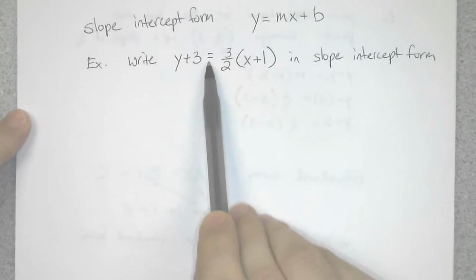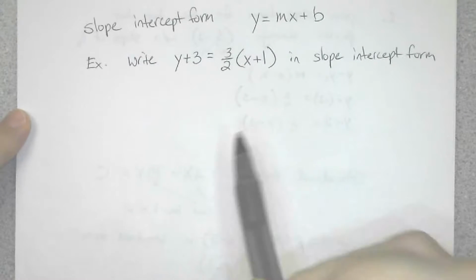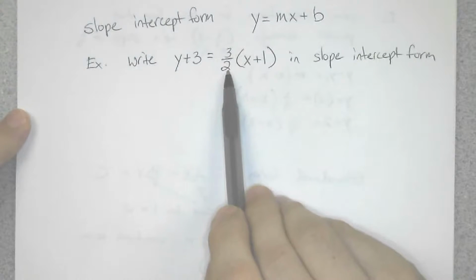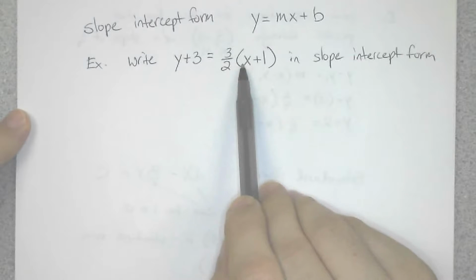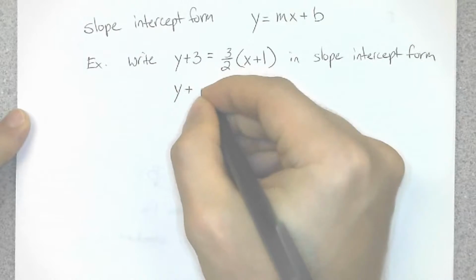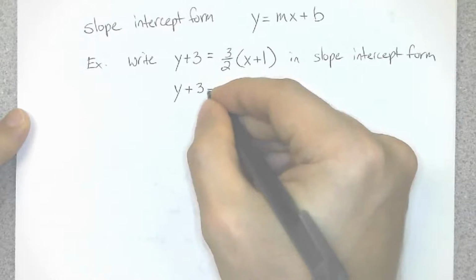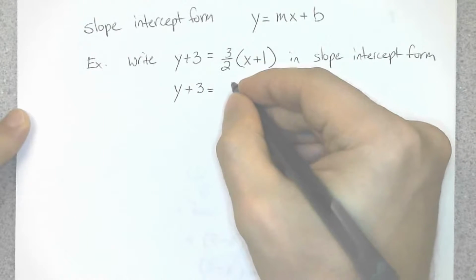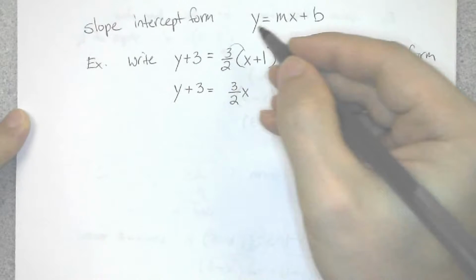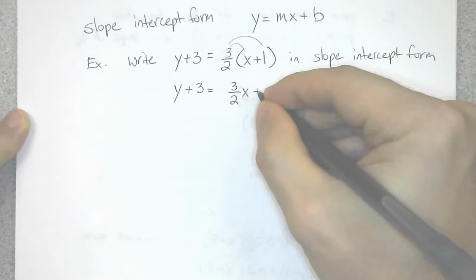We look at this, we want it in y equals mx plus b format. First, I'm going to go ahead and distribute this 3 halves. y plus 3 equals 3 halves times x, and I have 3 halves times 1.